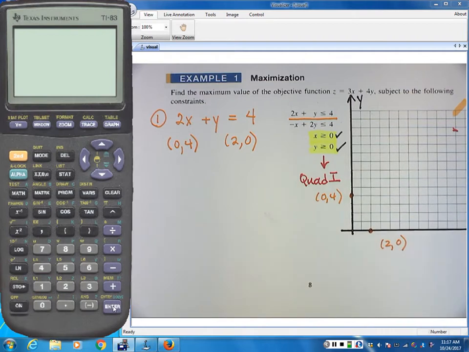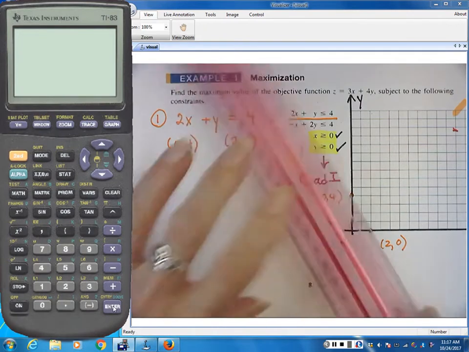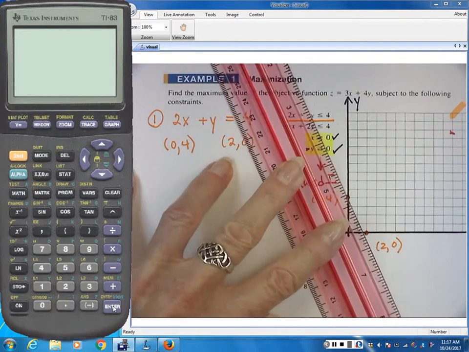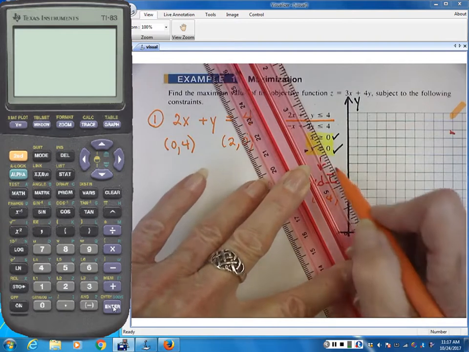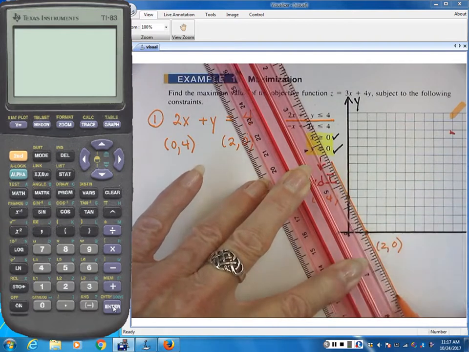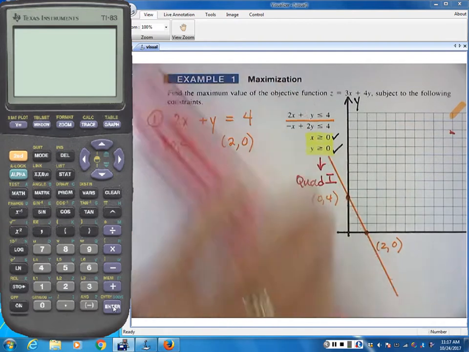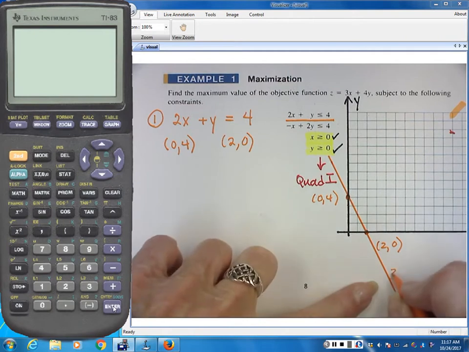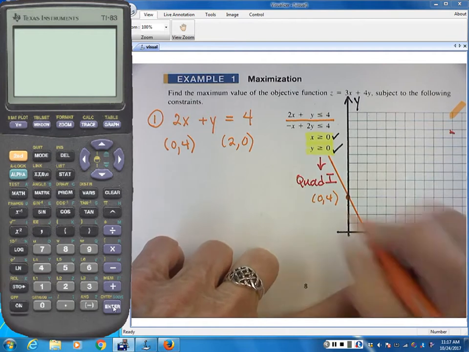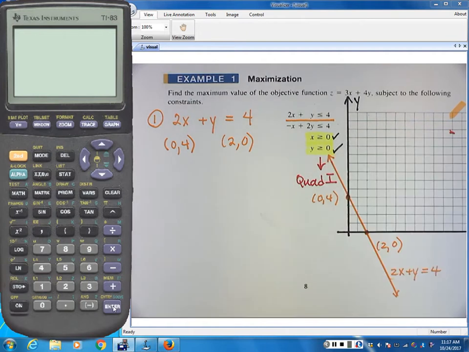And then I'll draw the line. And it will be a solid line because it says equals to or less than. Now I'm going to do my testing of my points all at one time. So I'm done with that constraint at this point.